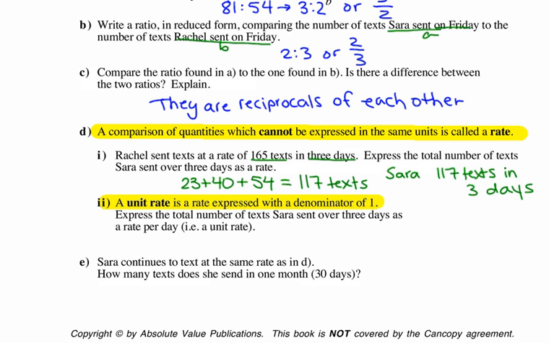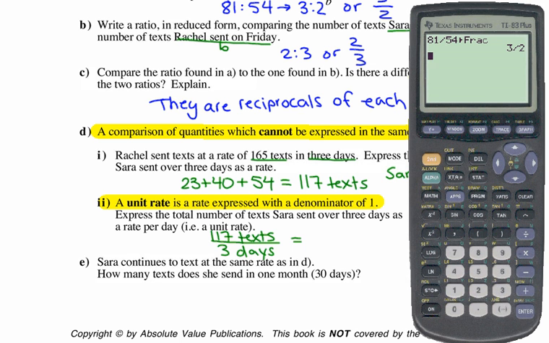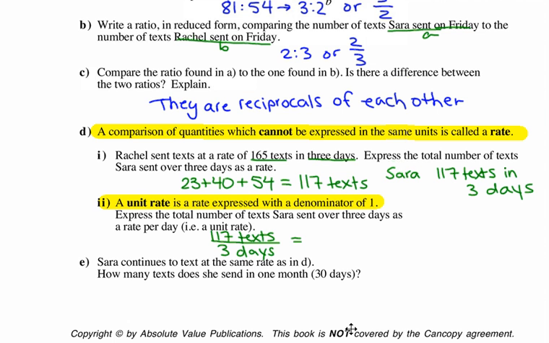We had 117 texts over 3 days, so to find our unit rate, all we have to do is divide. 117 divided by 3 is 39. So on average, Sarah sent 39 texts per day, and that would be the unit rate because the denominator is 1.